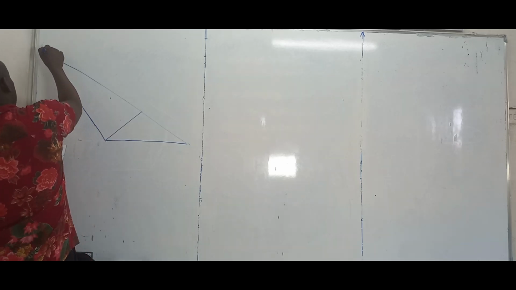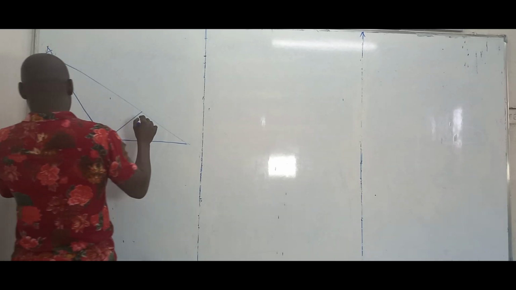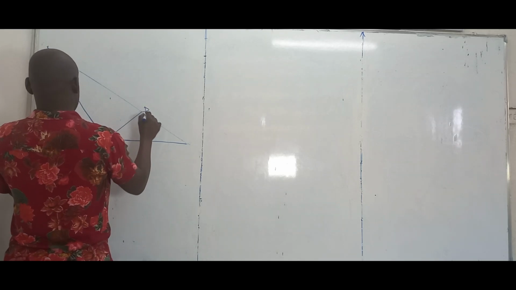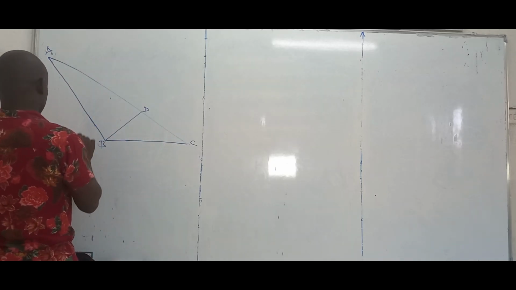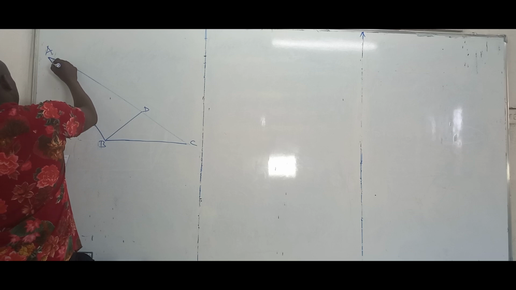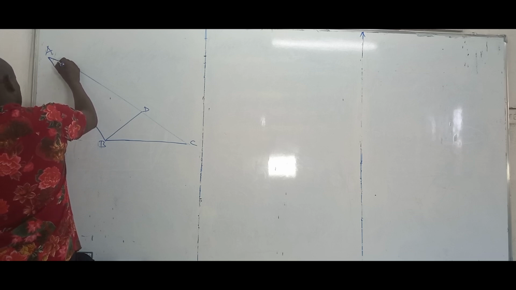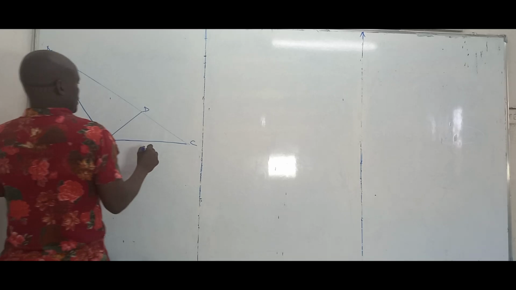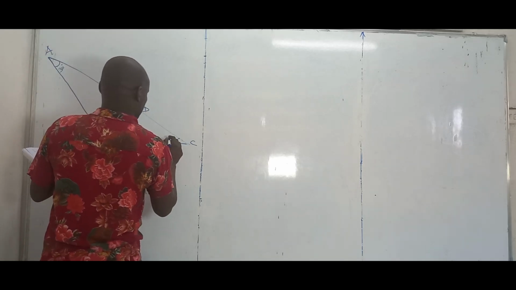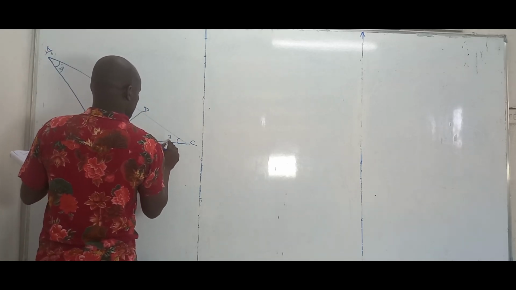I have this to be A, this to be D, this to be C, and this to be B. And I have this to be 30, because we are given angle BAC is 30 degrees. Here we also find 30 degrees.